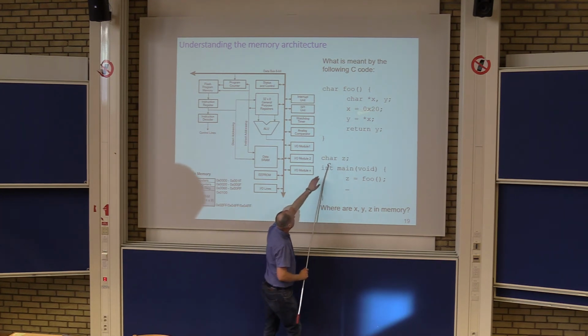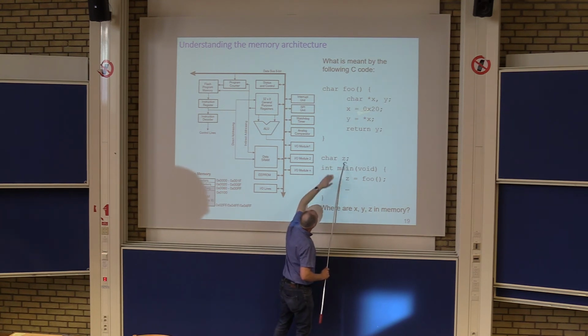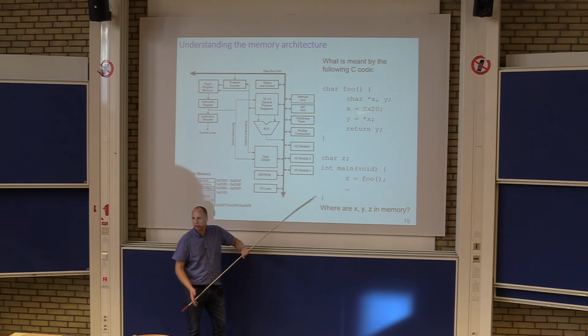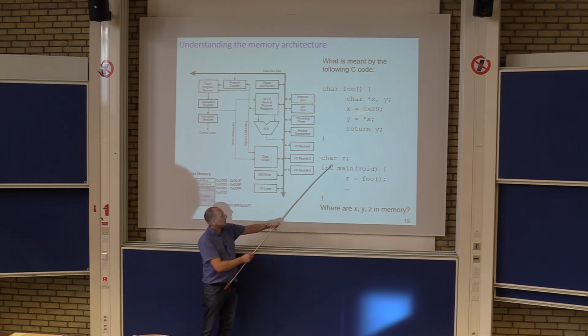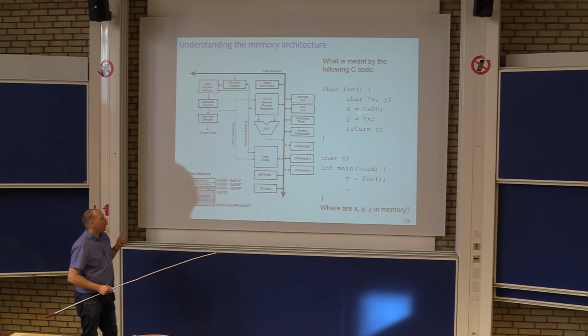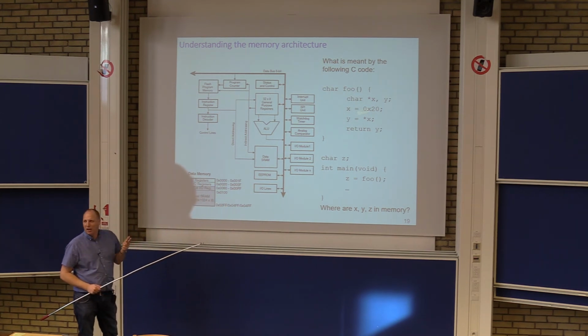And then we also have character z here, which is a variable not declared in any function. It's outside, it's a global variable that you can always access. Now it's important to understand where x, y, and z are located in the main memory.